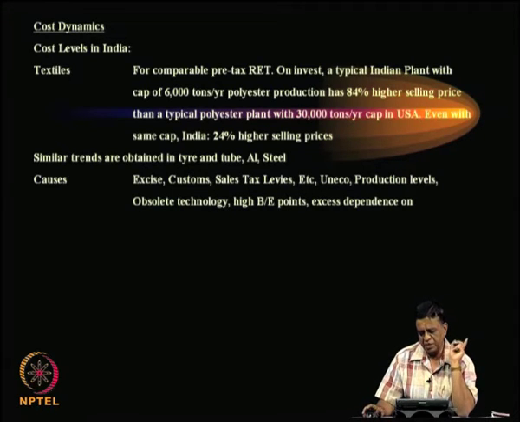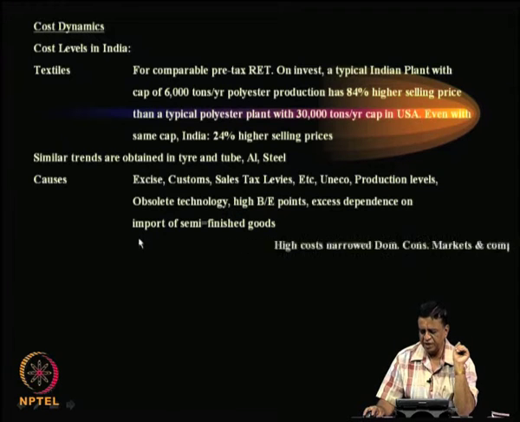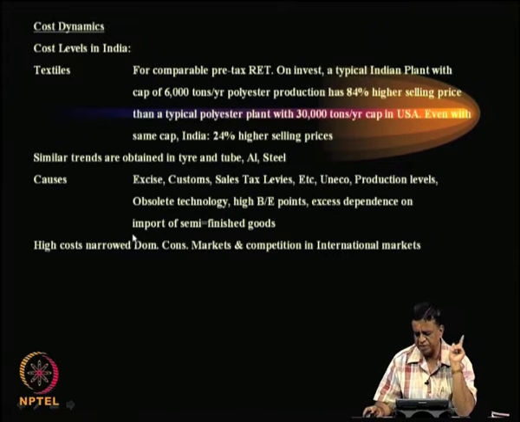For comparable pre-tax return on investment, that is pre-tax ROI, a typical Indian plant with a capacity of 6,000 tons per year polyester production has 84% higher selling price than a typical polyester plant with 30,000 tons per year capacity in USA.